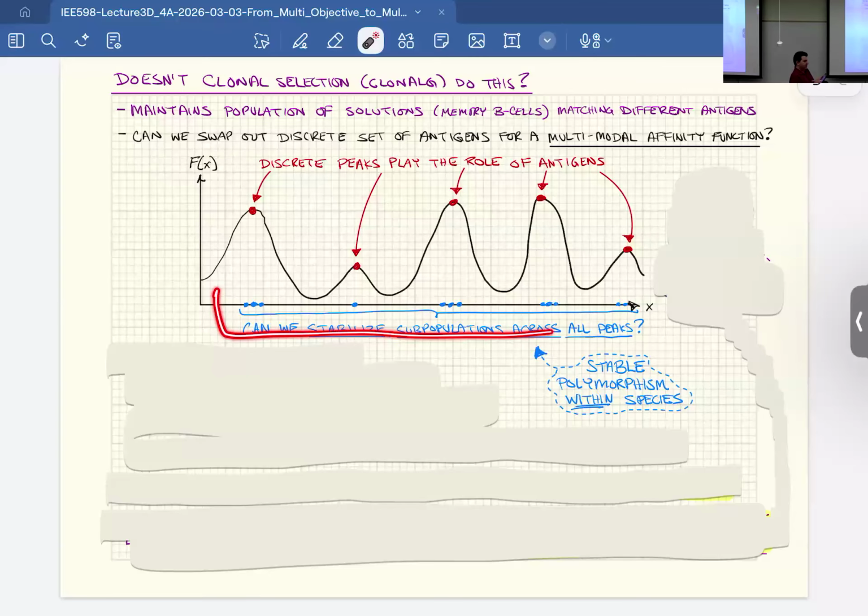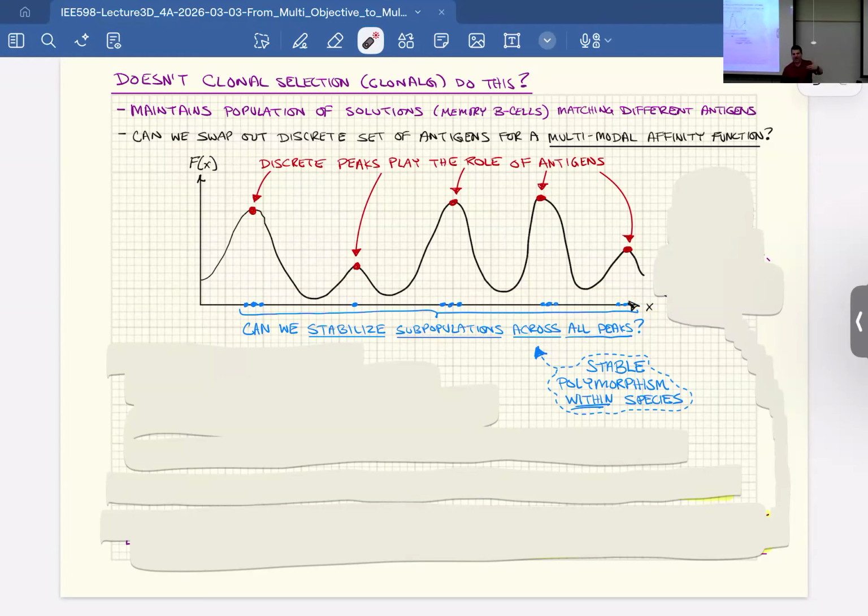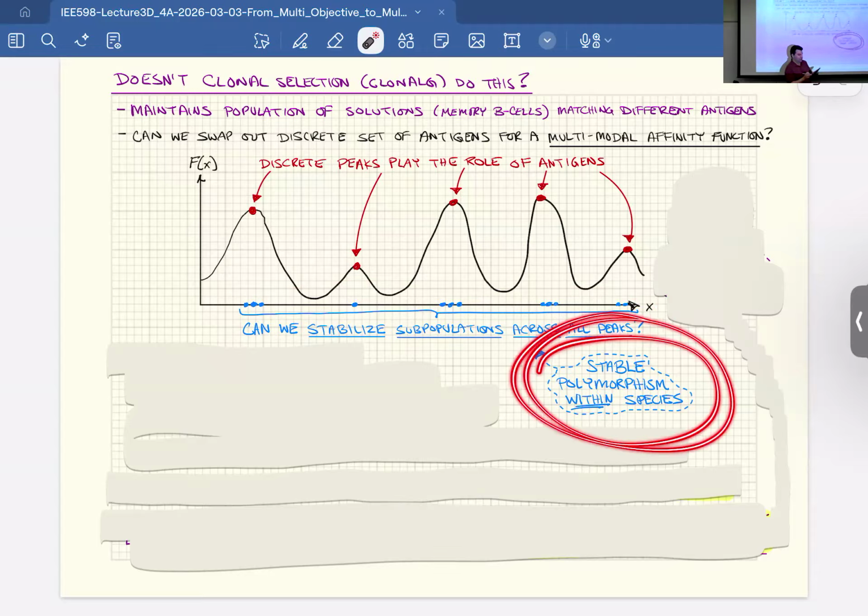And so the question is, can we stabilize subpopulations across all of these peaks the same way clonalg was able to create little stable subpopulations of antibodies that helped defend against our discrete set of antigen attackers. So, you can think of this as a stable, as the term we use, polymorphism.